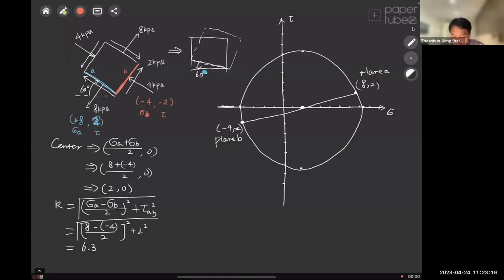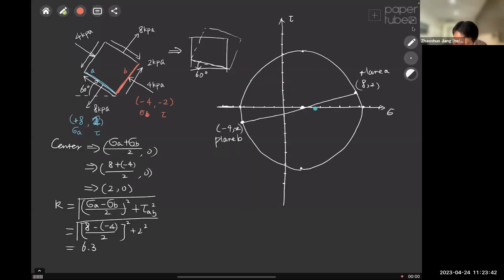So if now we're starting at point A, if we go back 120 degrees, because that is double the angle in the physical plane, that is going to be our plane C. Somewhere here.